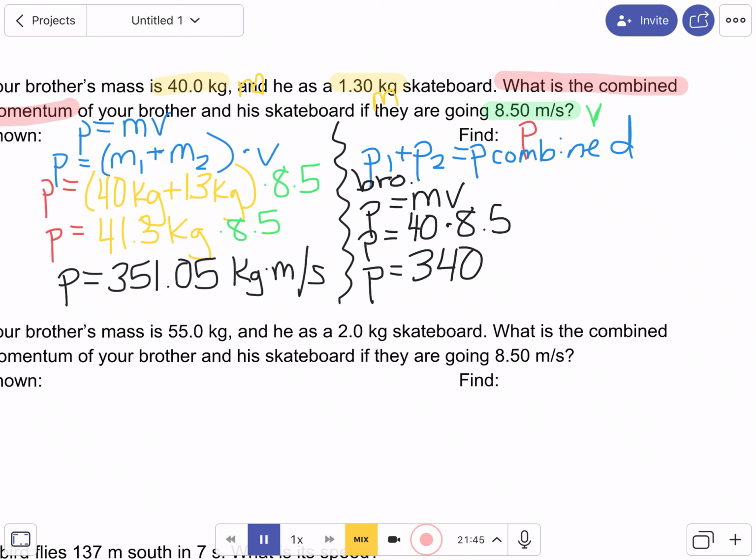Since I'm just double checking that the numbers turn out, I'm not worried about units here.